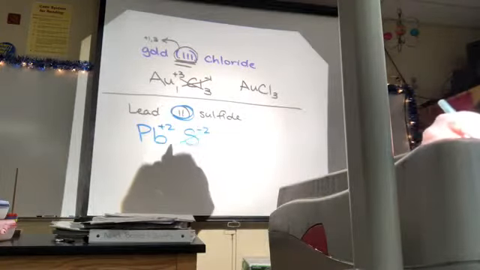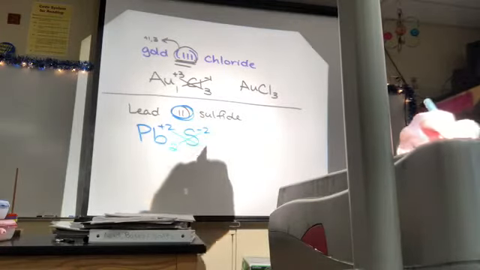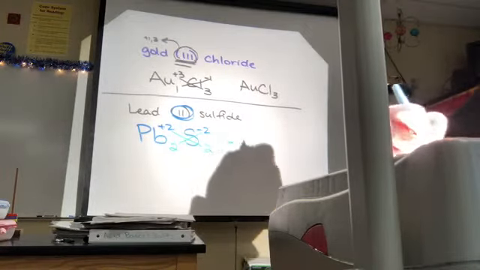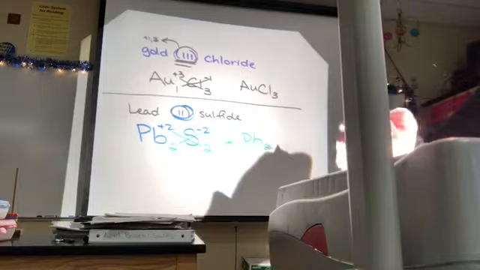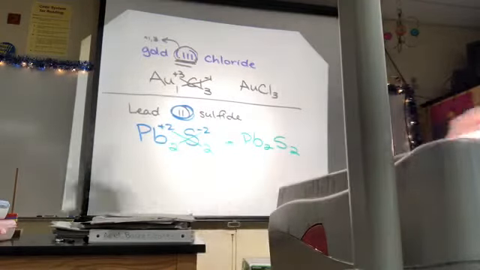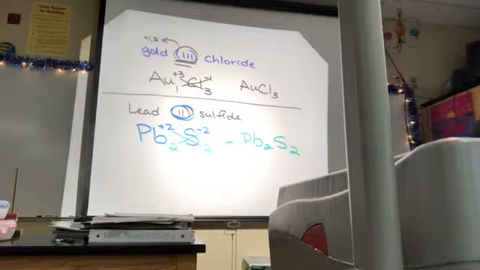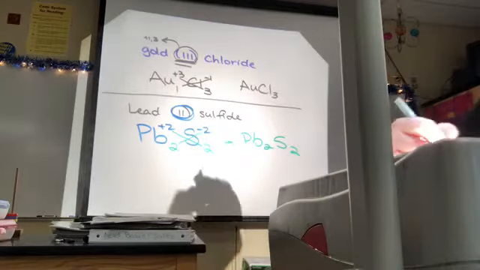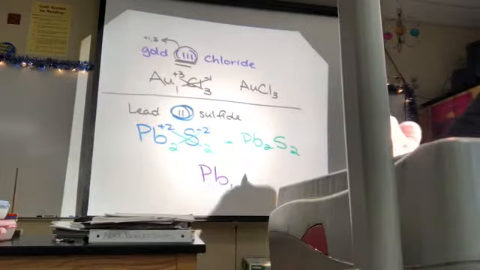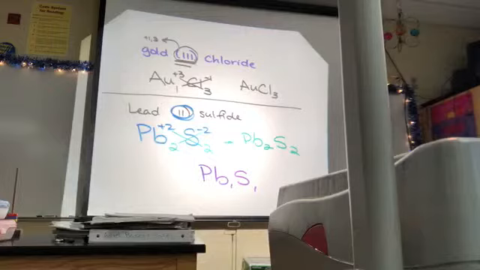This 2 comes down here. That 2 goes over there. So it's Pb2S2. Can I reduce it at all? And what's my formula going to be? Pb1S1. Or just PbS. PbS, yep. Does that make sense? Pretty straightforward, yes?